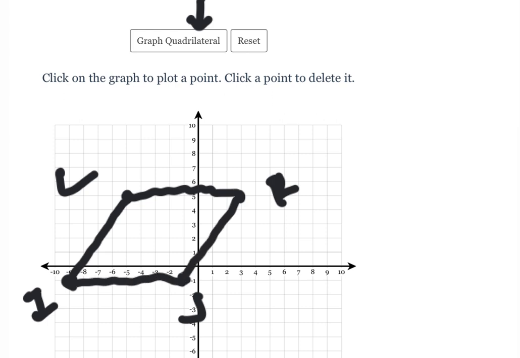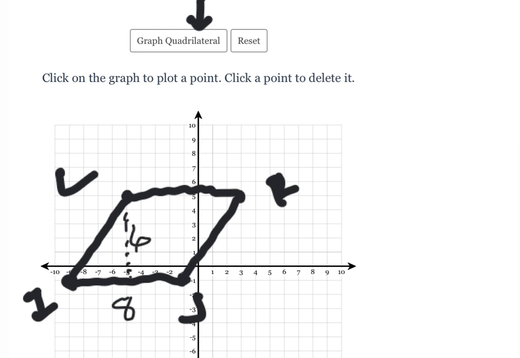So now that I have that, I need to count my base. So I'm going to pick one of the sides that's easy to count, like this IJ one right here. It goes 1, 2, 3, 4, 5, 6, 7, 8. So this is 8. I'm going to draw in my height right there. So that goes 1, 2, 3, 4, 5, 6.